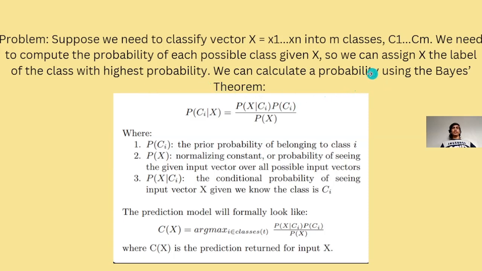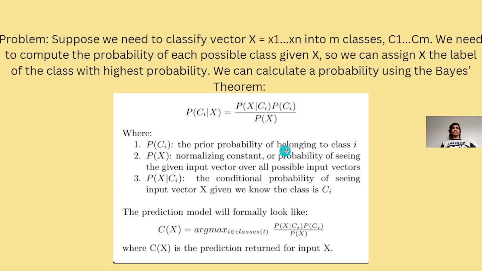We can calculate the probability using Bayes' theorem. So the probability of getting Ci from x equals the probability of getting x from Ci, times the probability of getting Ci, upon the probability of getting x. So this is the formula here.